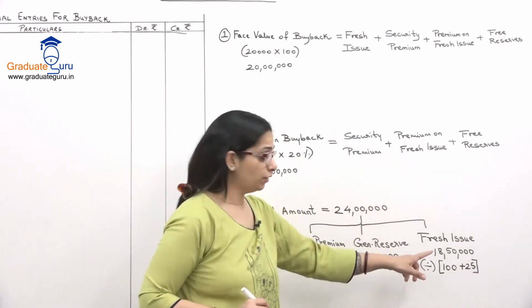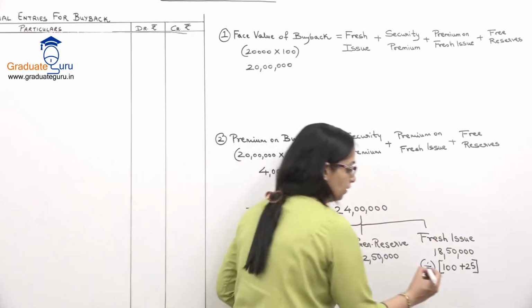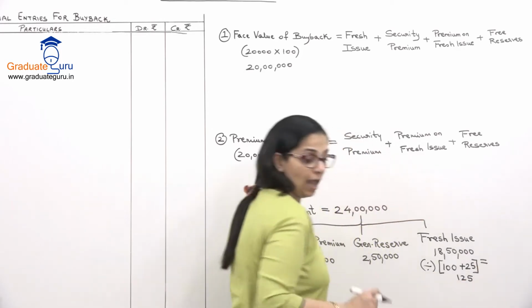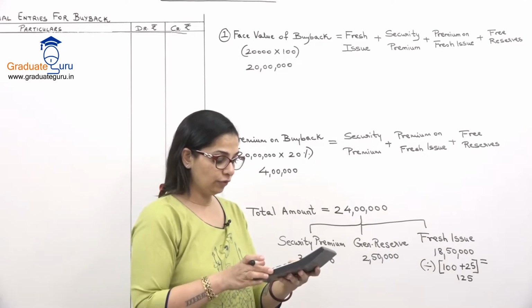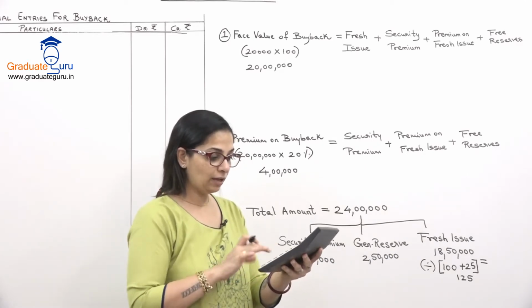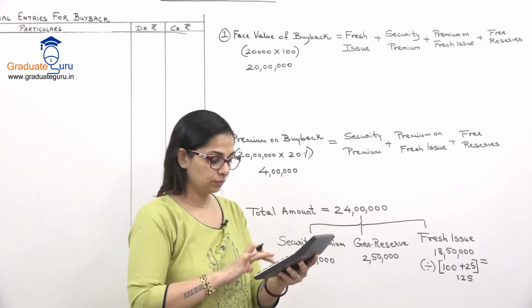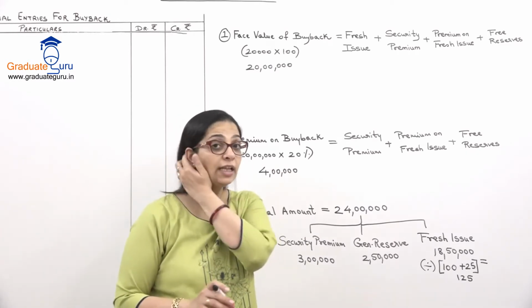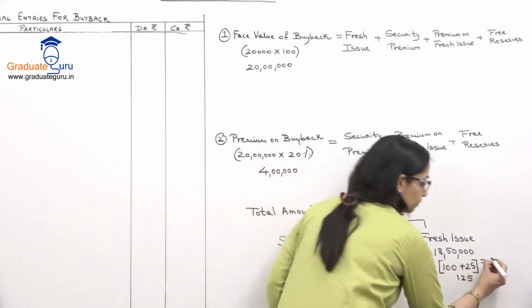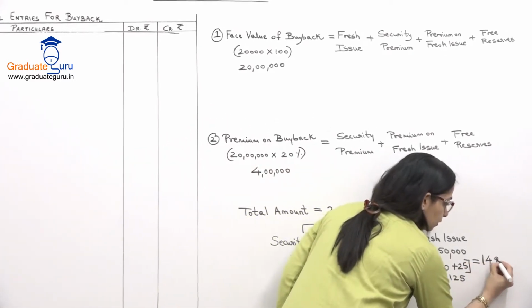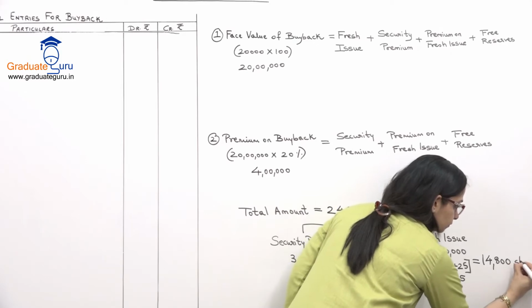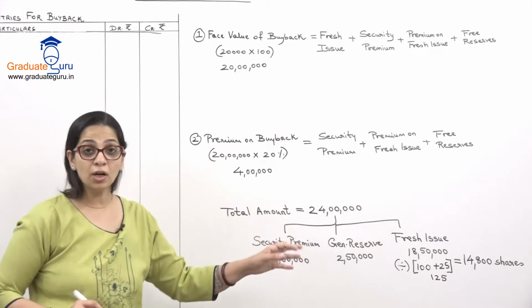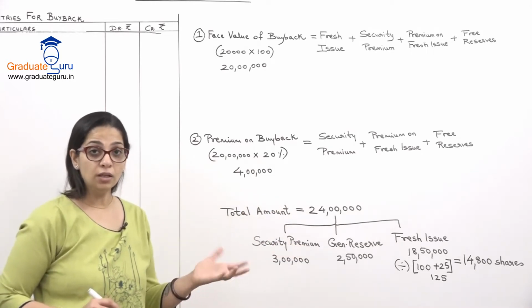So I am going to divide 18,50,000 by 125 and that will give me the number of shares. So 18,50,000 divided by 125 gives me 14,800 shares. This is the number of shares which I will issue.